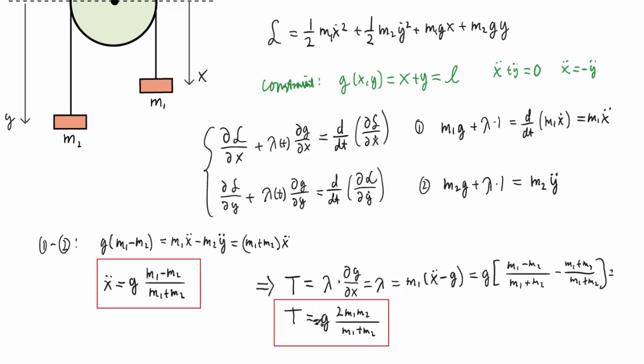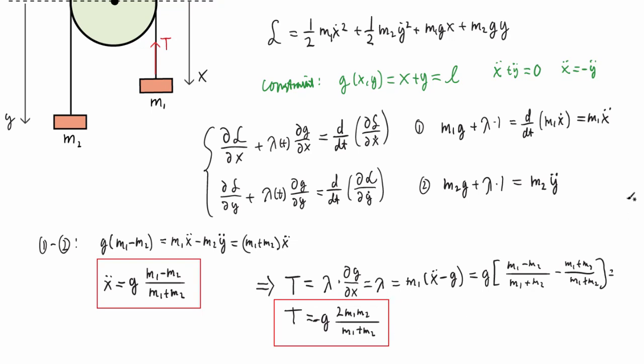And the minus sign here, in case you're wondering, is coming from the fact that x and y are downwards. The tension is actually upwards. It's in the opposite direction of the coordinate directions. So you can see the tension is in the minus x direction or in the minus y direction.